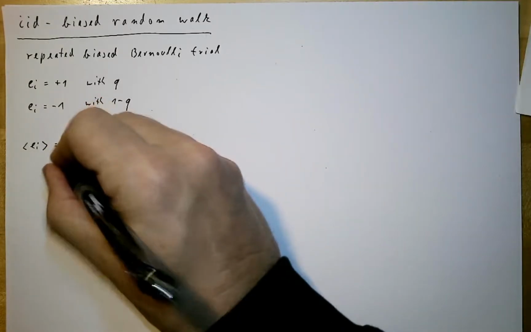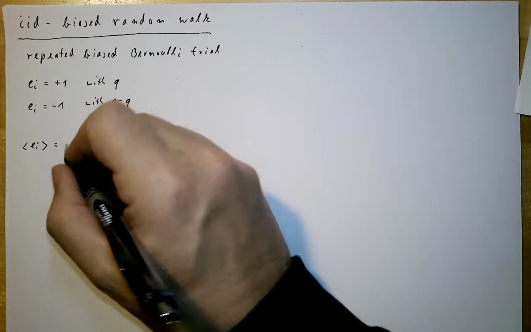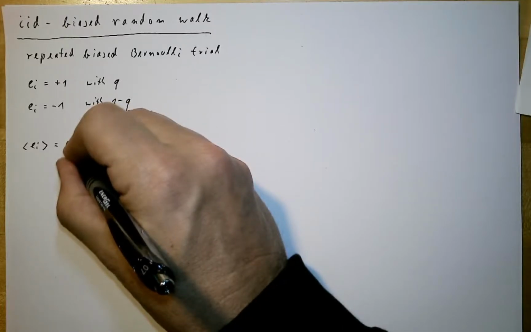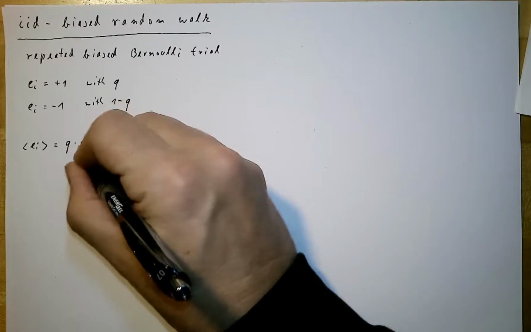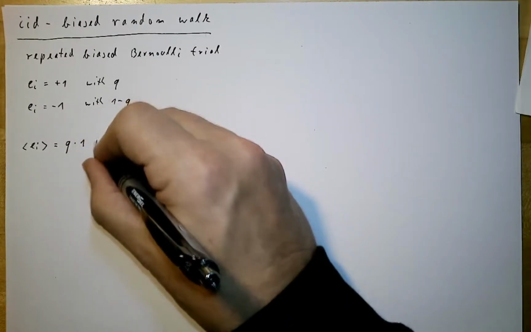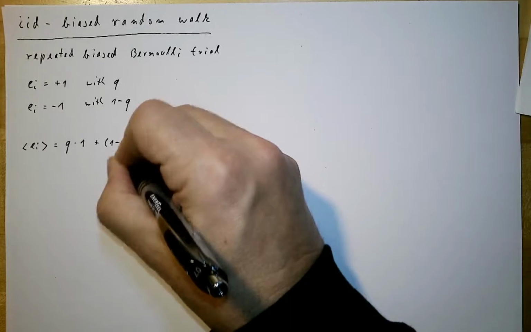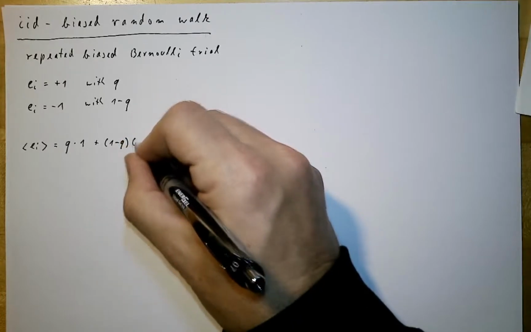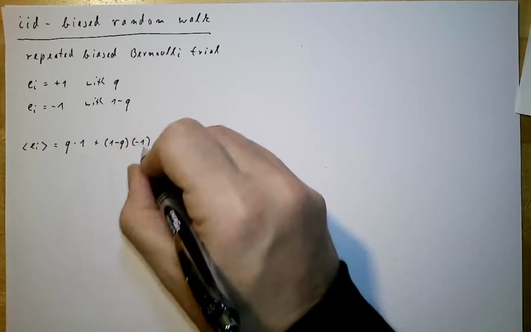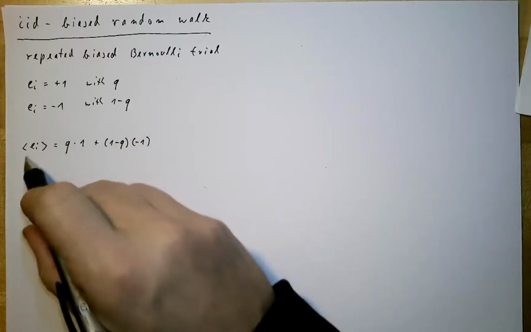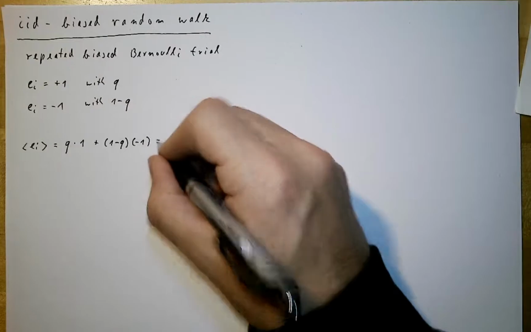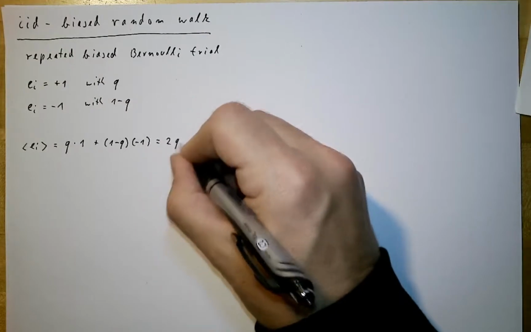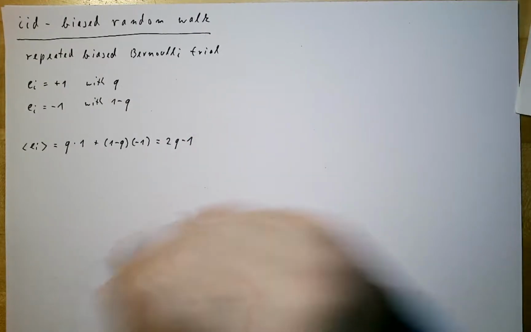With probability q we go to the right, so we have q times 1, and with probability 1 minus q we go to the left, so we have an increment of -1. The expectation of our increments is 2q minus 1.